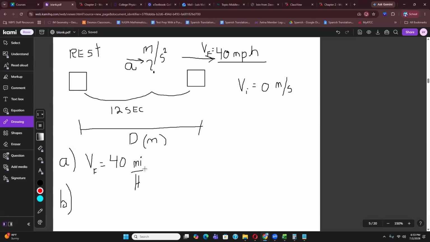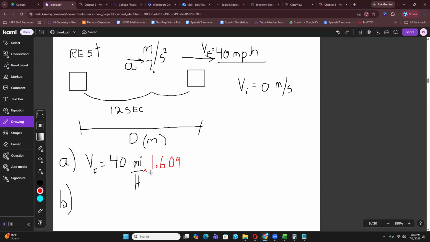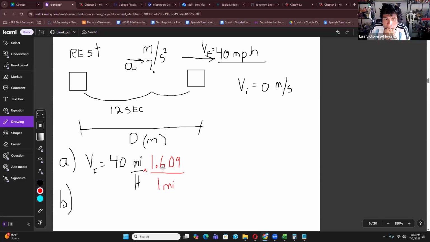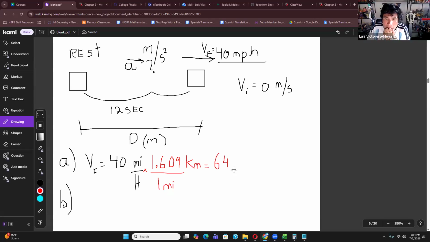Oh, so you multiply it by 1609 and divide by 3600? Just 1.609. Oh, okay, because 1 mile is 1.609 kilometers. Oh, so I got 17.8 meters per second. Yeah, so 64 kilometers per hour. That's the conversion of this.